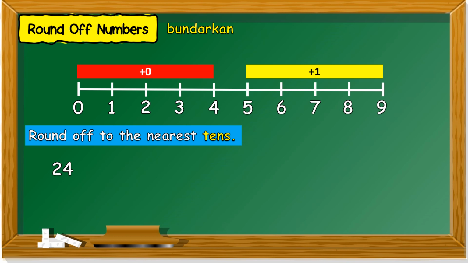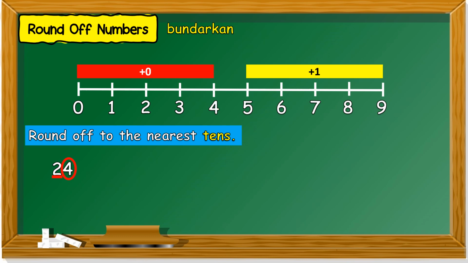Okay, we look at the first example, 24. This one is the number in tens. So we look at the friend on the right. Kita akan selalu lihat kawan di sebelah kanannya. The friend on the right is 4. You look at the number line. Where is 4?